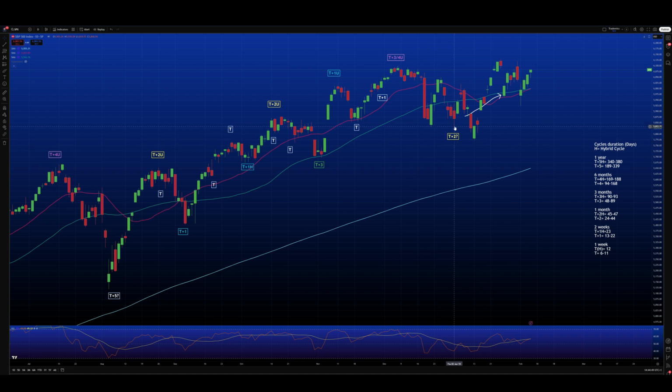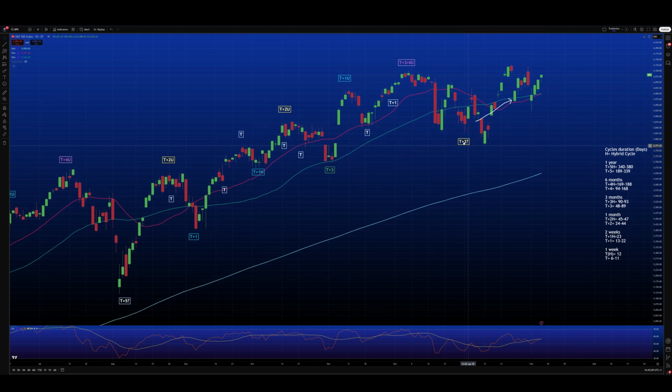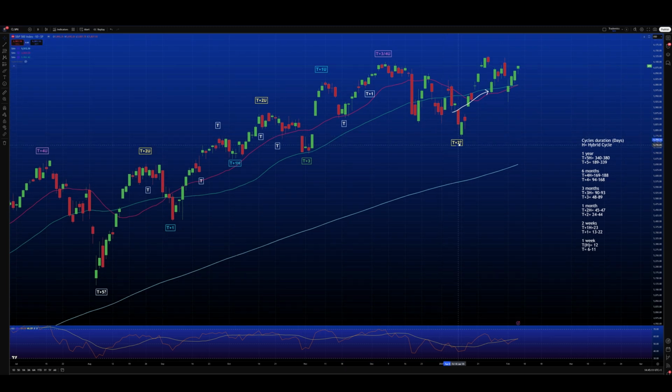Also in this case, I was expecting a push to the upside from this low here, but on Standard & Poor's 500, we have had 46 bars. So from this low to this low, 46 bars. 46 bars is a T plus 2 hybrid. Hybrid cycles happen seldom compared to the others.